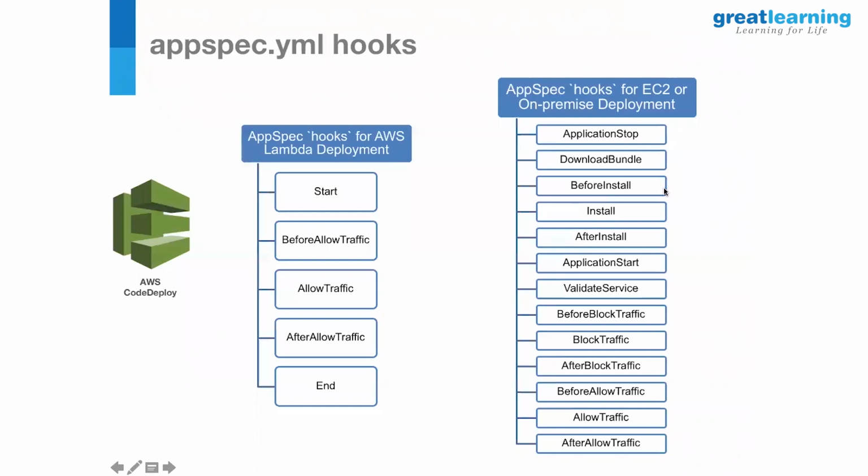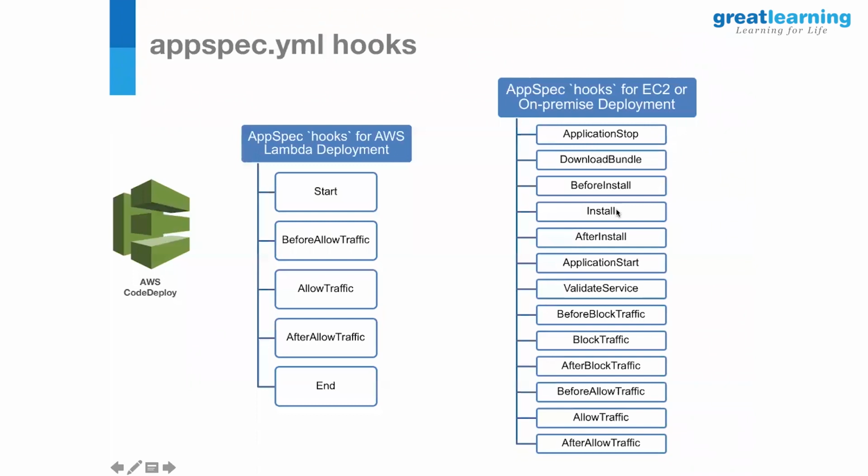And the important thing to note here is either in the download bundle or in this install section, you cannot configure your custom script. This is meant to be executed only by CodeDeploy agents, so you won't put anything here. So once you've configured in your CodeDeploy project where the artifact has to be fetched from, that's all, the job is done.